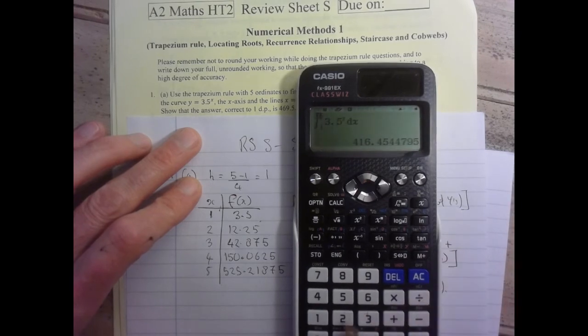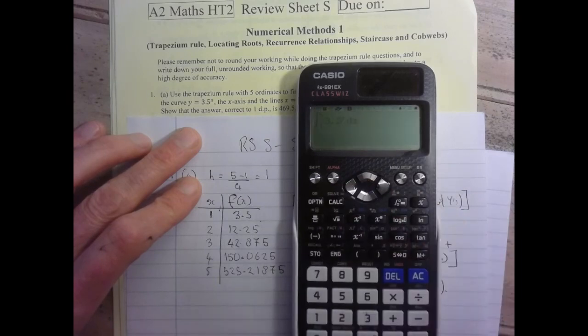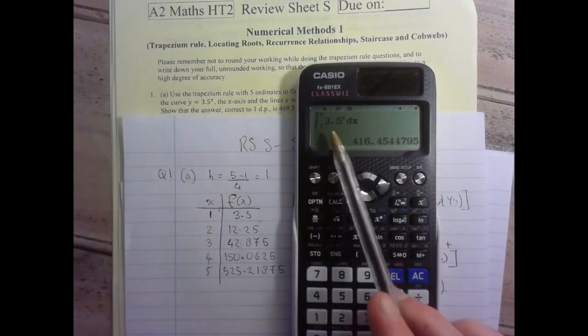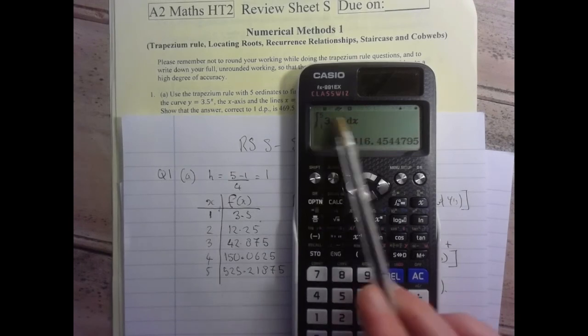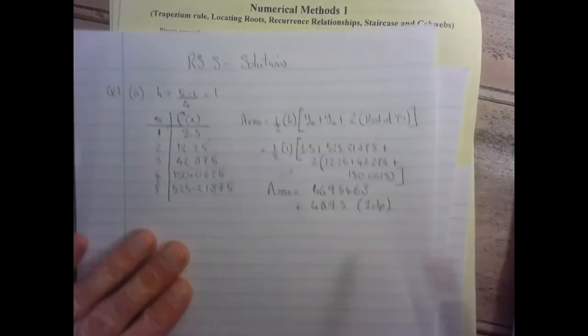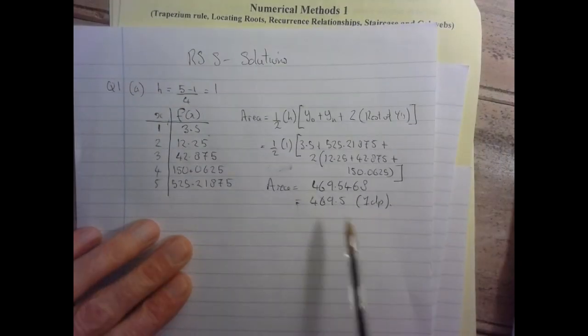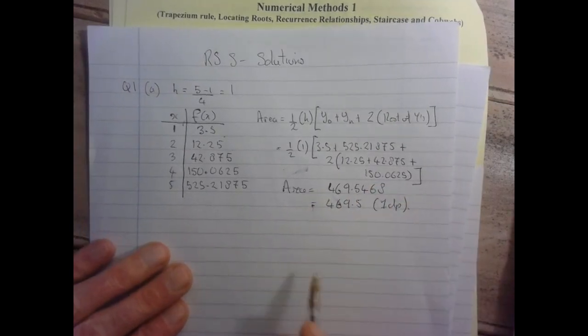Now the nice thing about doing this is it's much more accurate than mine, because it's essentially a numerical method with really tiny strip widths. And we get 416, and it tells us that this answer 469.5 is an overestimate, so that might be useful if I need that for the next part.